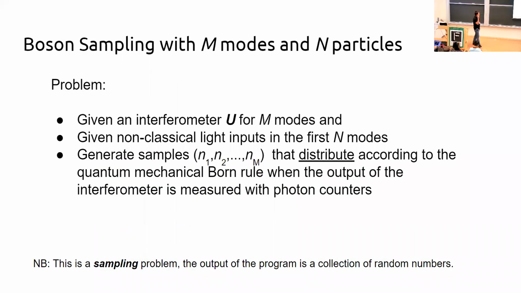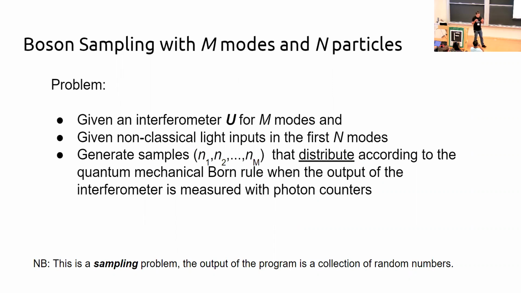This is the statement of the problem, or at least the physics version of it: given an interferometer, which is something that you can put on an optical table or print on a chip, as Raj showed us on Monday, that takes M modes, you send some non-classical light into this interferometer.